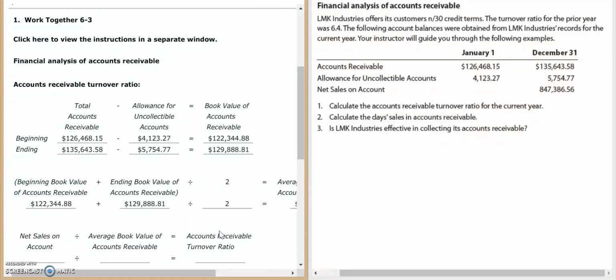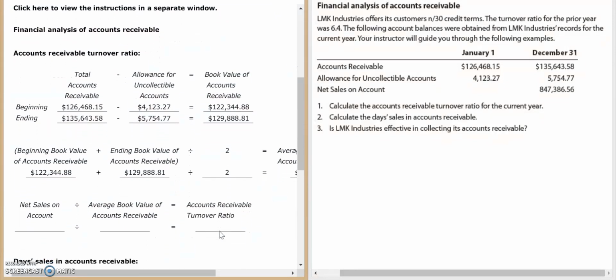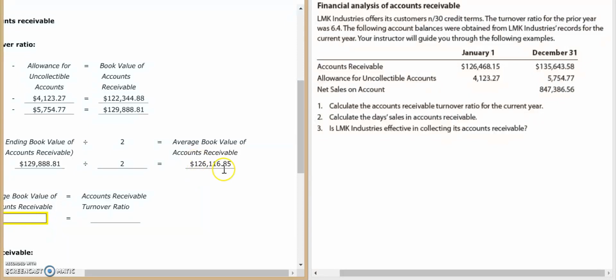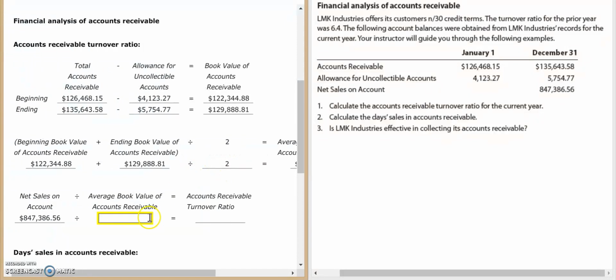Now we can actually calculate our accounts receivable turnover ratio. So we take our net sales. Our net sales for the year were $847,386.56. Our book value of accounts receivable is what we just found here, that 126, this guy. So we're going to plug that in right here, 126,116.85.